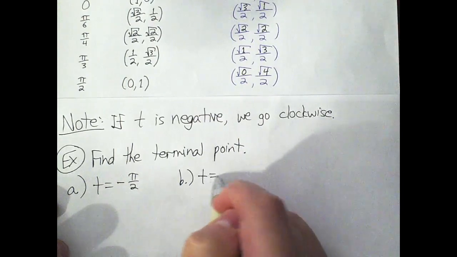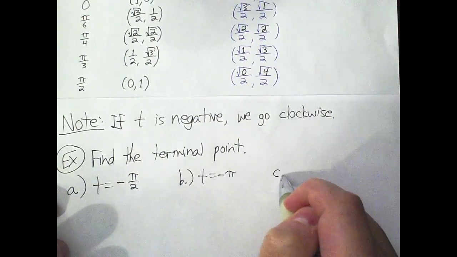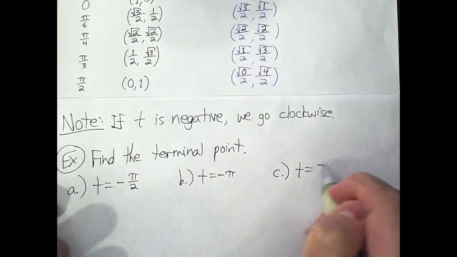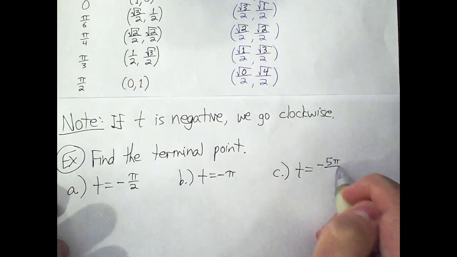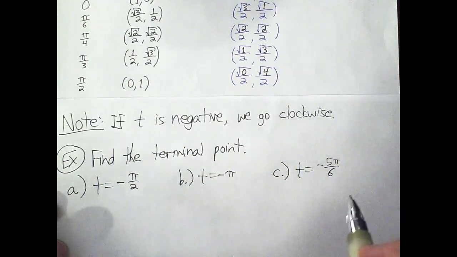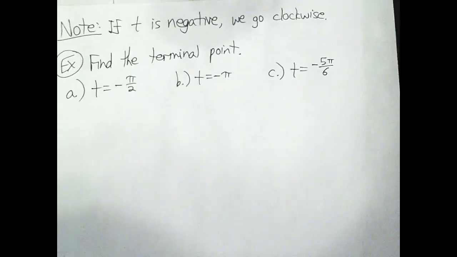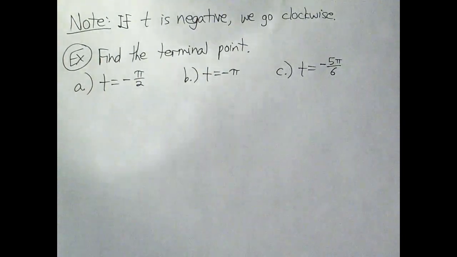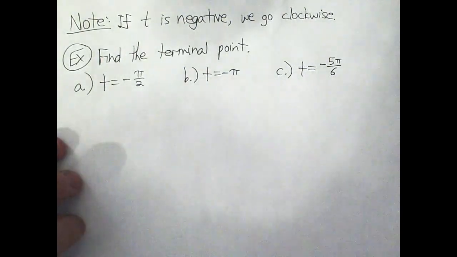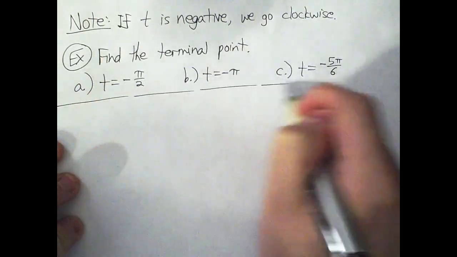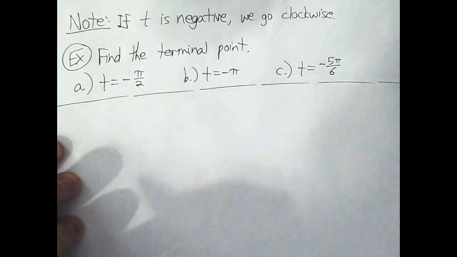Let's do negative pi. And then I'm going to ask you to do t equals negative 5 pi over 6. That's going to be a tricky one, I'm warning you. But I'm going to ask you to try it before I help out with it. So let me help with part A and B first. These are all negative t values.